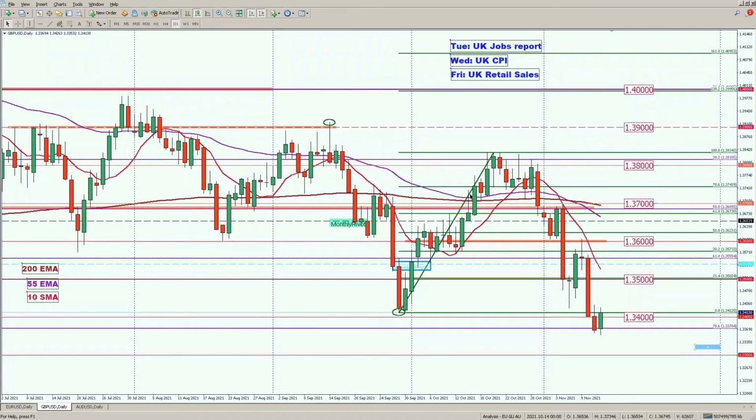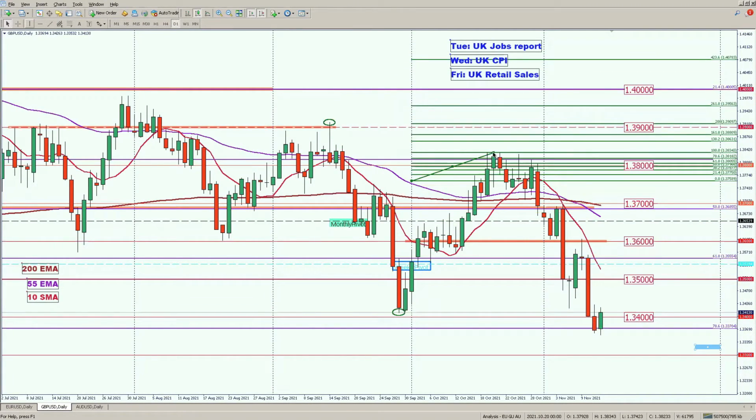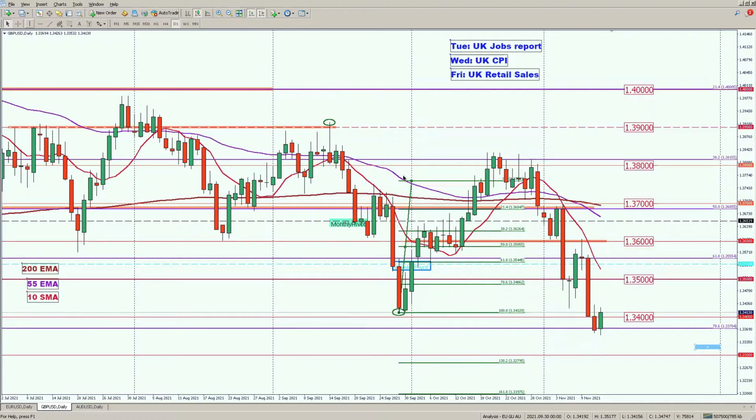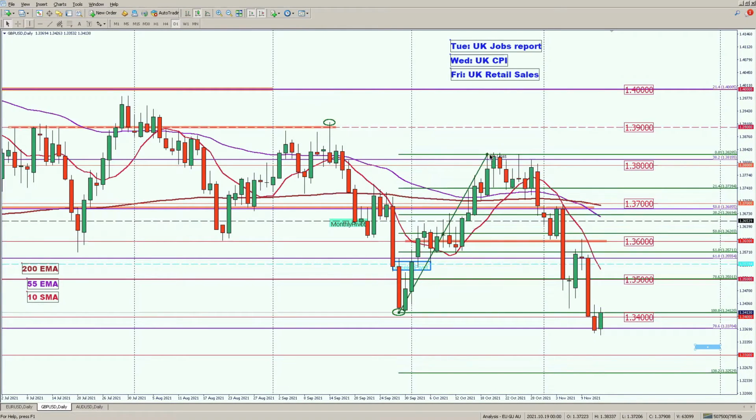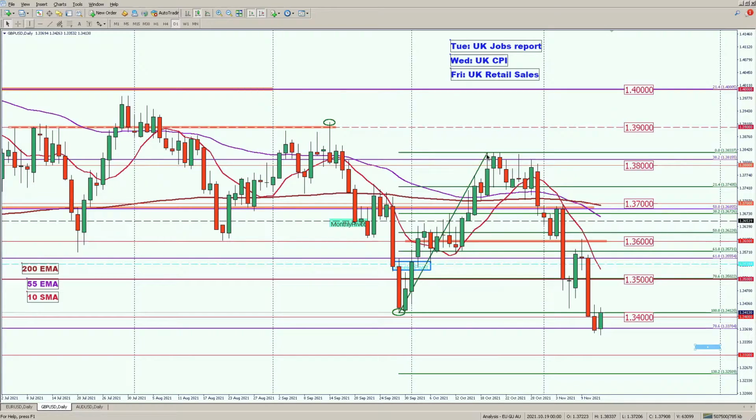Let's also flip this fib reversal to an extension. And below the 133 is the 138 fib extension, and that's at the 132.50 area.